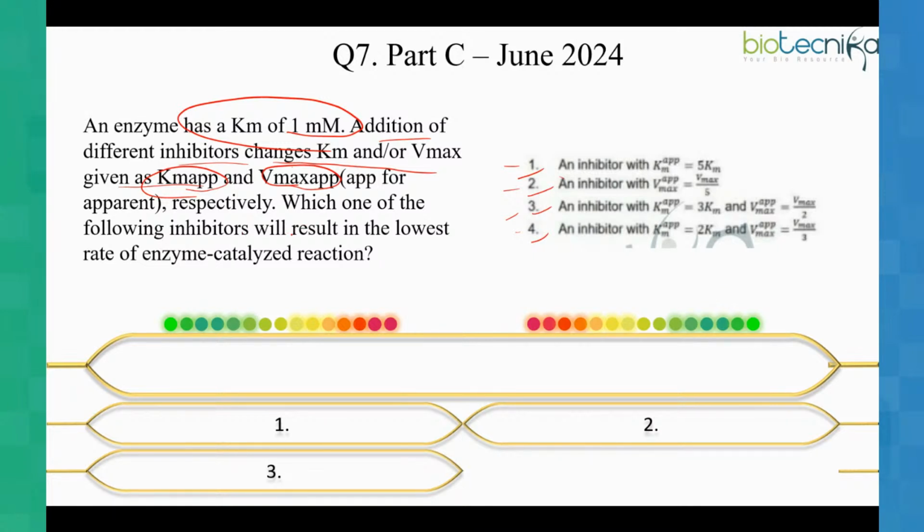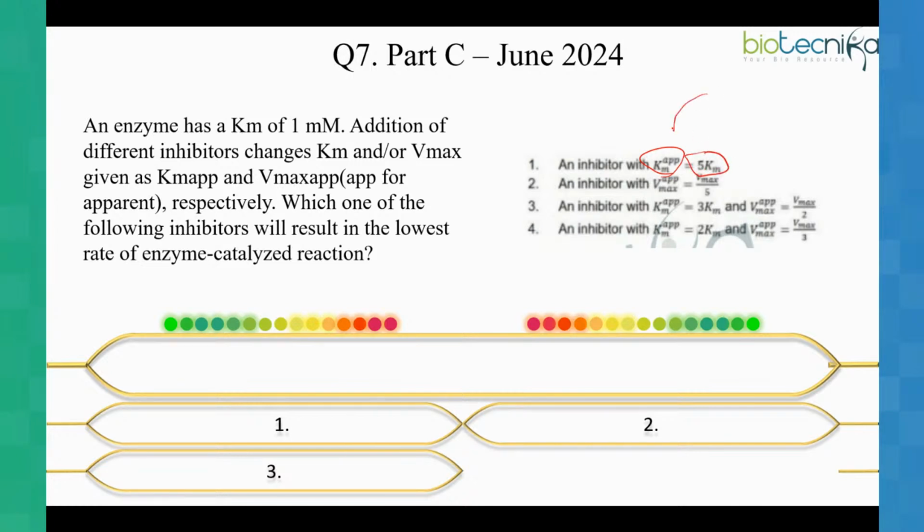Which of them will result in the lowest rate of enzyme catalyzed reaction? That means they should have the least Vmax. Now, if you see the first one, Km app is equal to 5 Km.